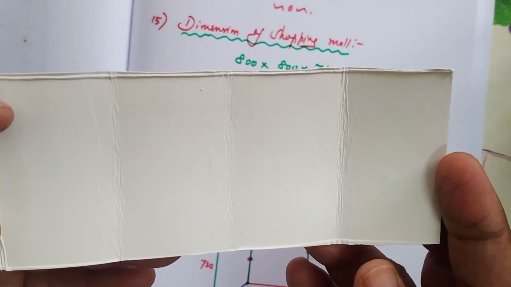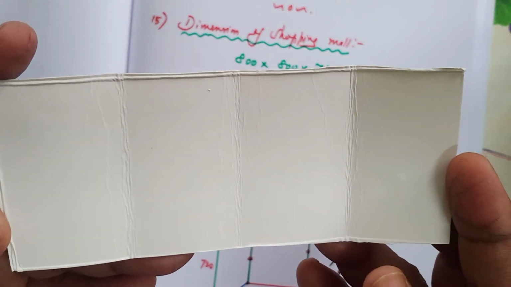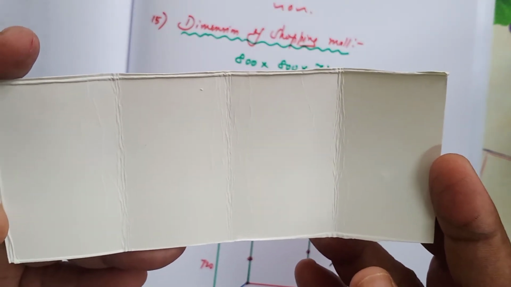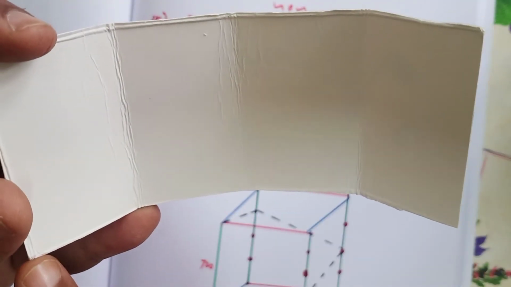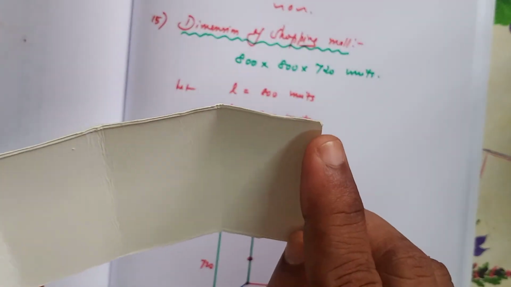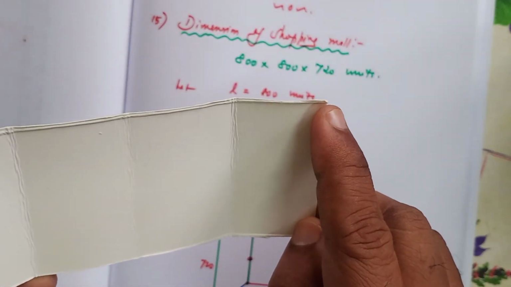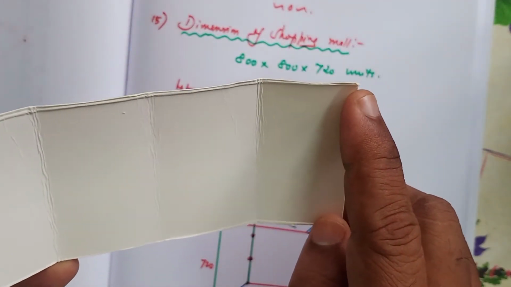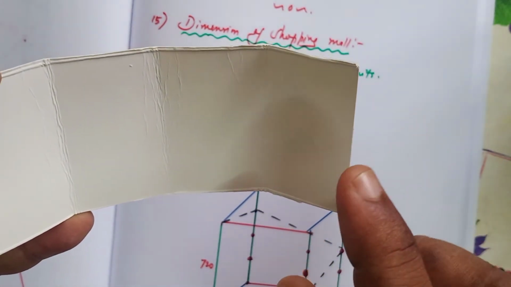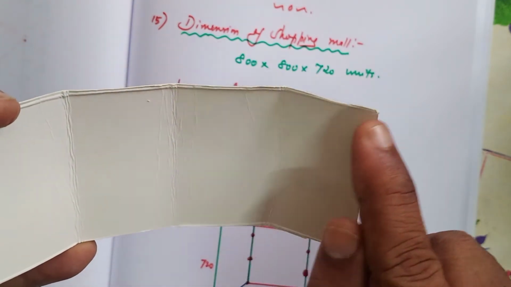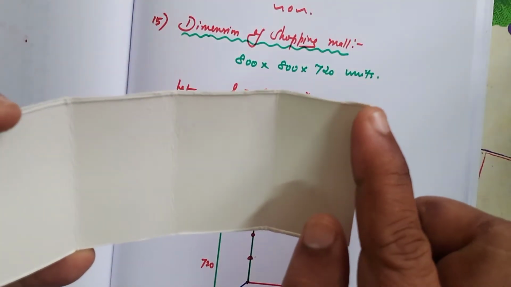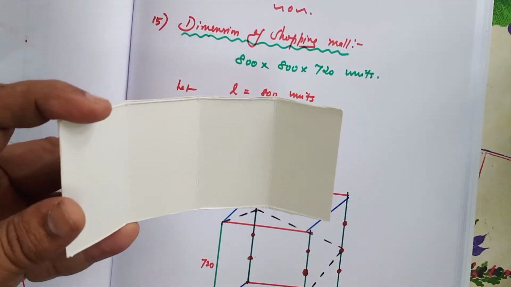The escalator is to be constructed with minimum length. Here, this is the ground floor starting point. This one is the top floor starting point. So minimum length means you have to join diagonally. Join diagonally. Okay, look at that.